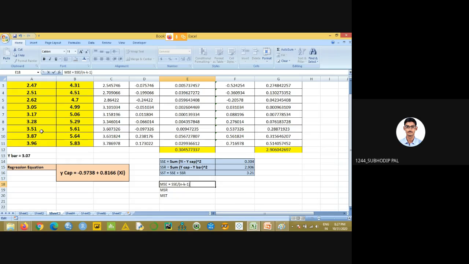In that particular example n was 400. Here n means 10, right? So 10 minus 1, where k is the number of independent variables, 1, and minus 1 means 8. So MSC is 304 divided by 10 minus 1 minus 1. This is the value of MSC.